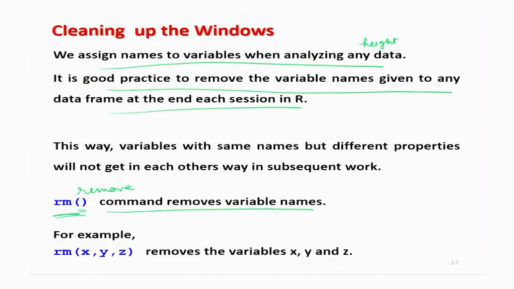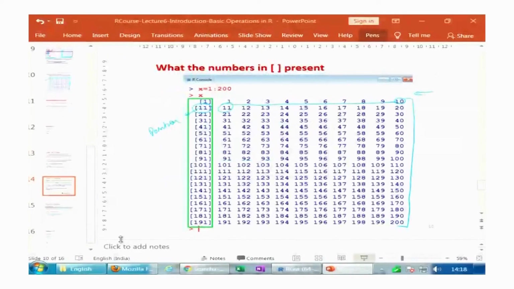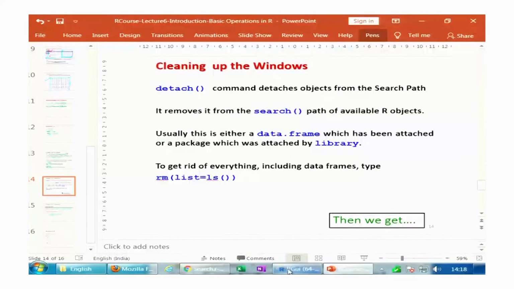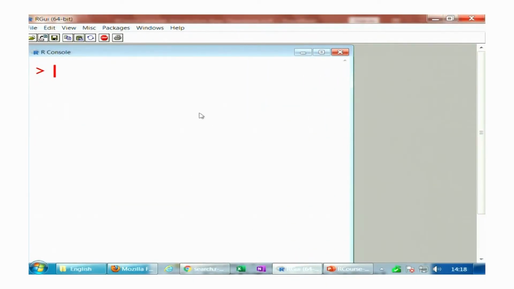For example, if you want to remove 3 variables, say x, y and z, then you can write down here RM and inside the parenthesis x, y, z, and this will remove all the 3 variables from your R software, from your working directory. And before I go further, let me show you these things. Suppose I take here one value, x equal to 1, right.